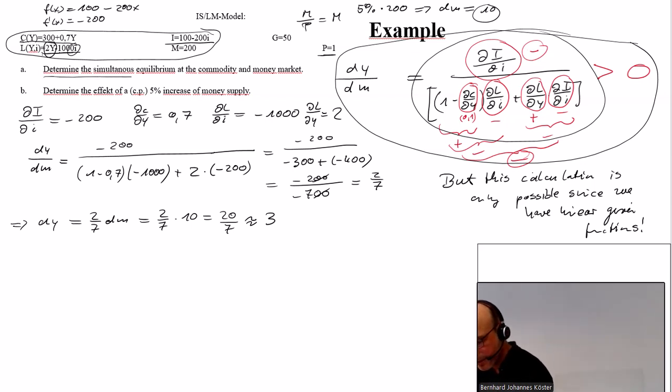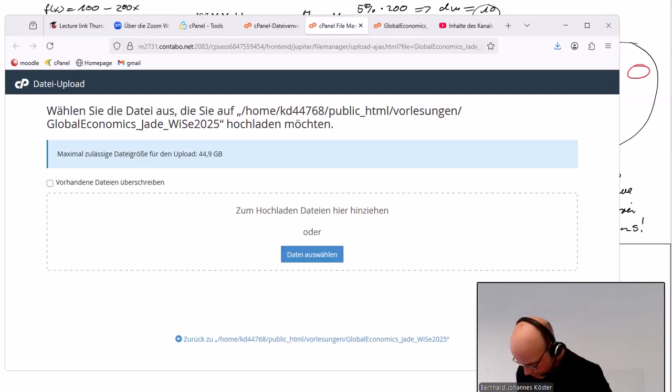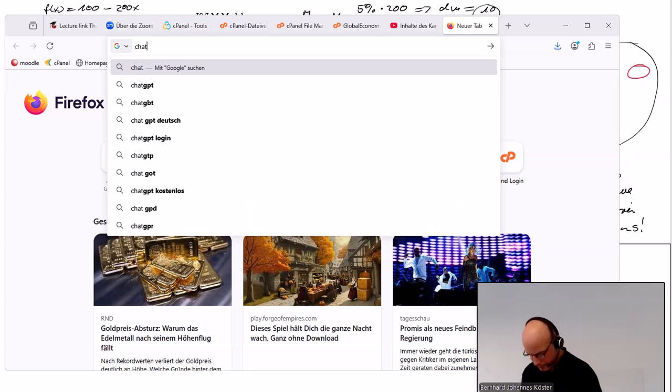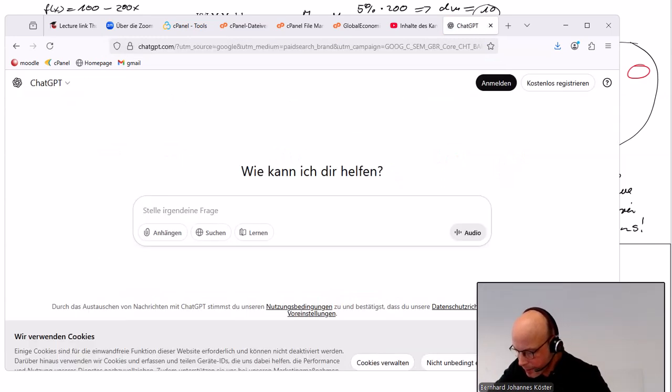Then let's maybe also calculate this. I think you have done this. Let's try it. I'm interested in a real-time experiment.